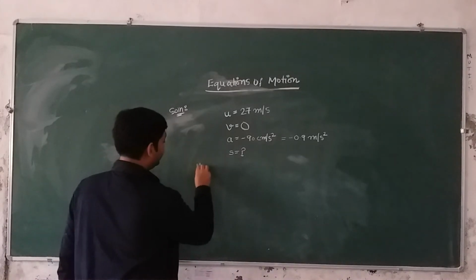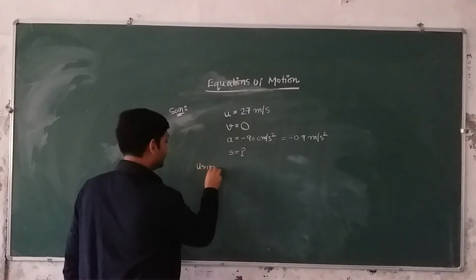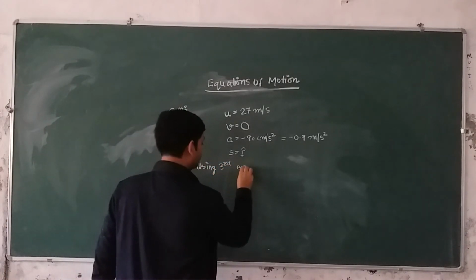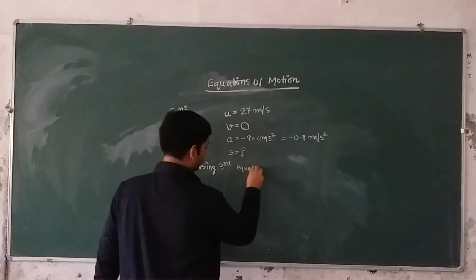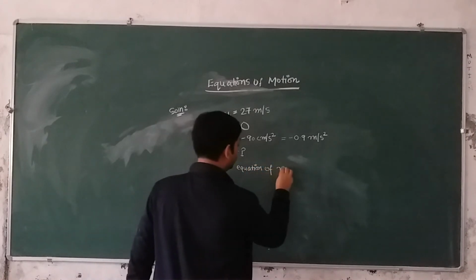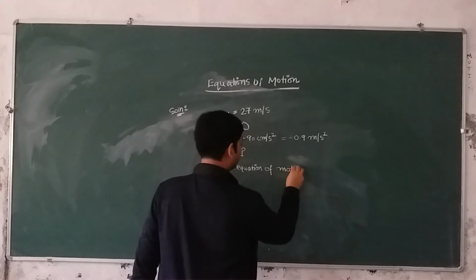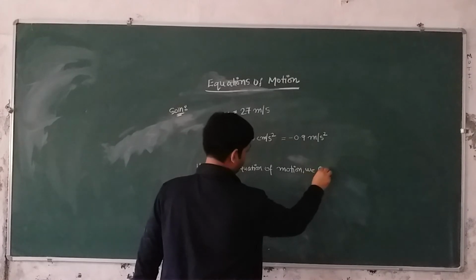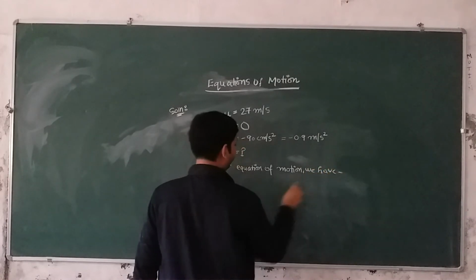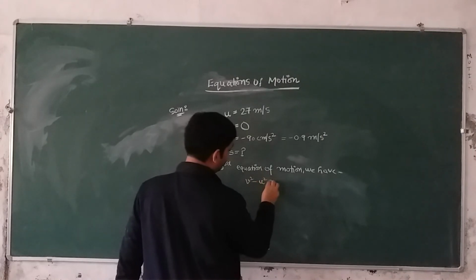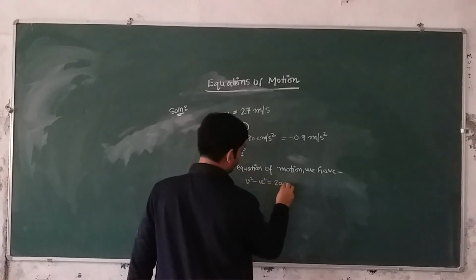So using the third equation of motion, we have v square minus u square is equal to 2as.